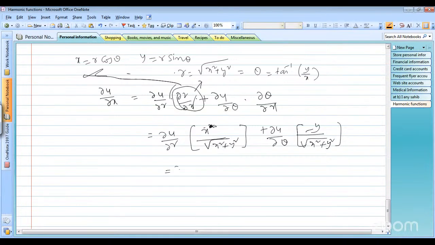So we get ∂u/∂r times cos theta. What is cos theta? It is equal to x by r. What is r here?